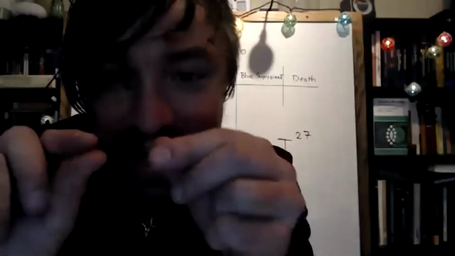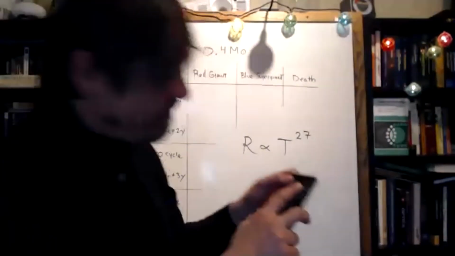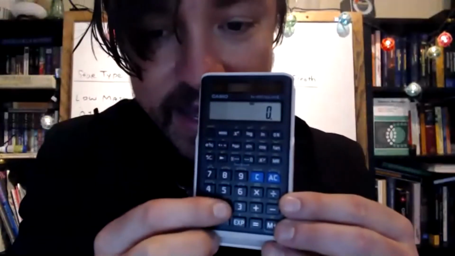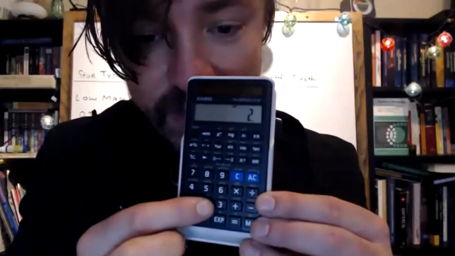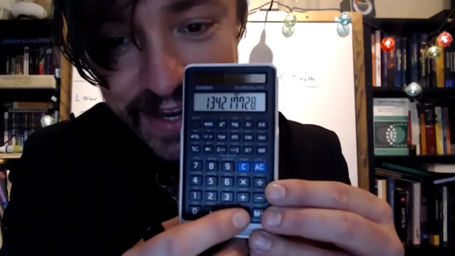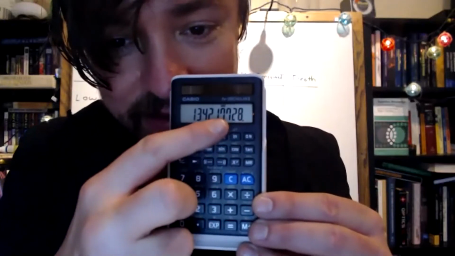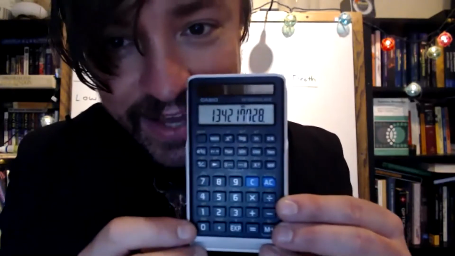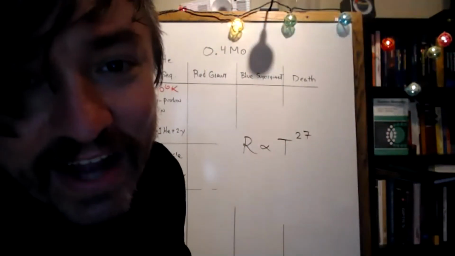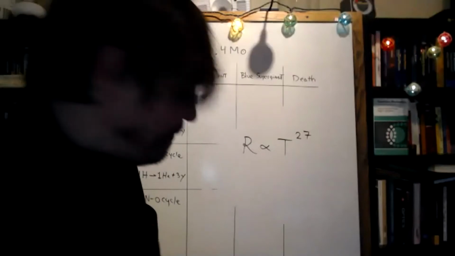That means if you make a microscopic change in temperature, the rate of fusion goes bonkers, okay? Let's imagine that we doubled the temperature. We don't actually double it, but 2 to the power of 27 is, wait, what is this? That's 130 million. So if you doubled your temperature, your fusion rate would go up by a factor of 130 million. Think about how stupid that is.